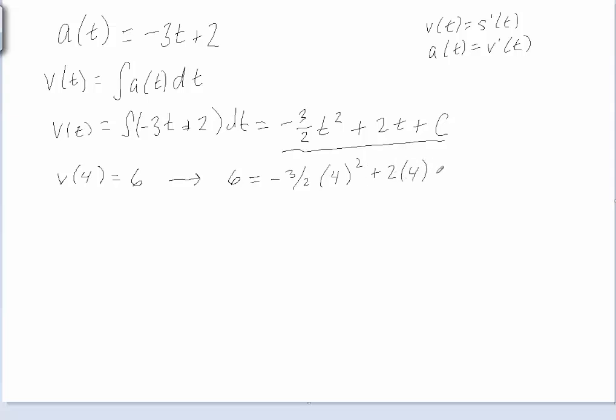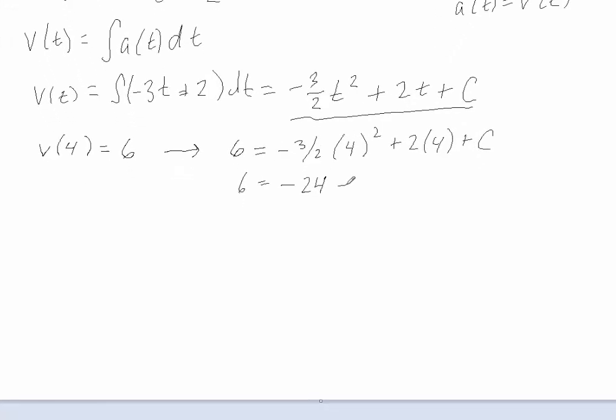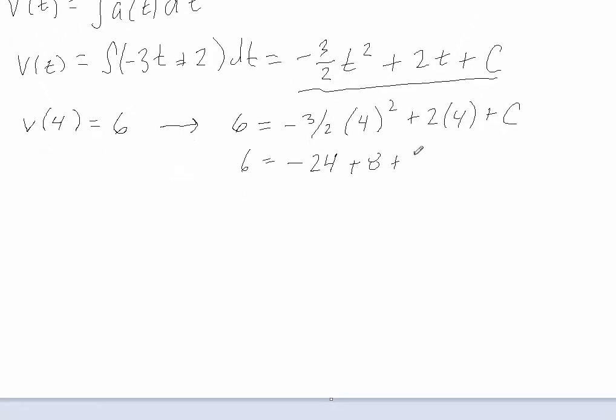So we just plug 4 into the function and we solve for c. So 6 equals negative 24. 4 squared is 16 times negative 1.5. It's negative 24 plus 8 plus c, which gives us c equal to 22. Negative 24 plus 8 is negative 16 plus 22 is 6.